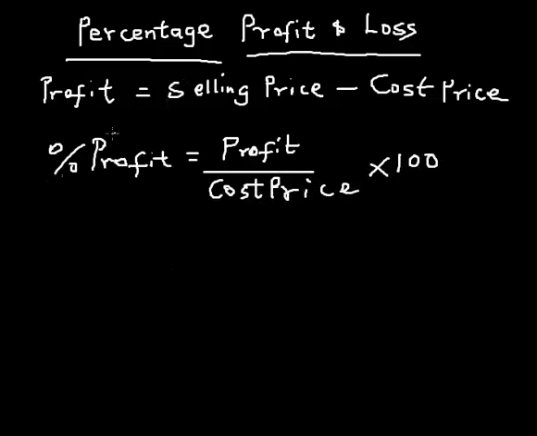Now, what if we are dealing with loss? How do we evaluate that? For loss, it's still going to be the other way around. For loss, we subtract selling price from cost price. So loss is equal to cost price minus selling price.